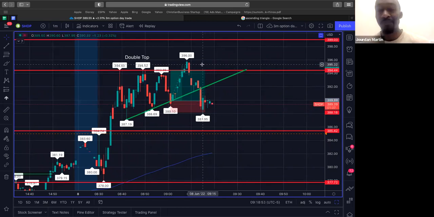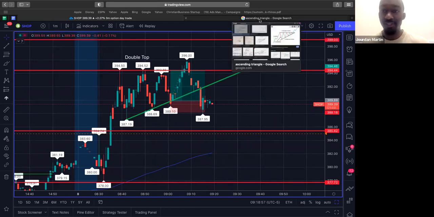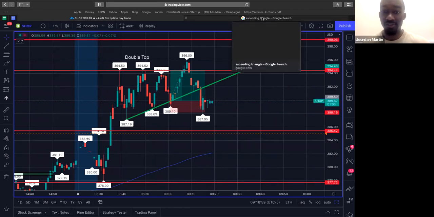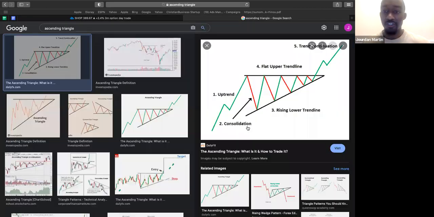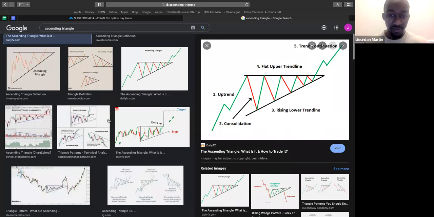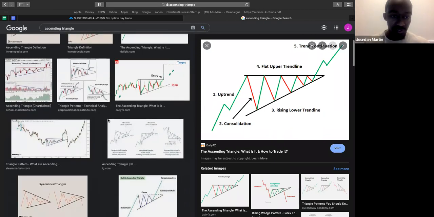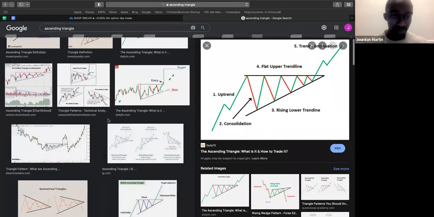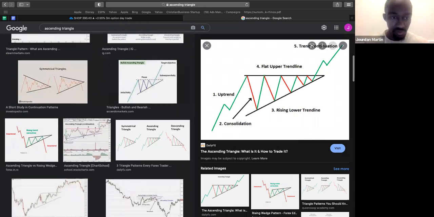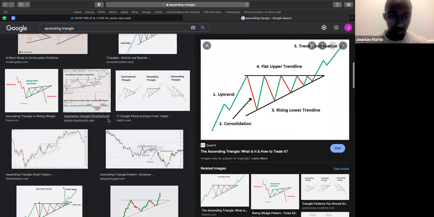But so when we come back to this ascending triangle, this is why I didn't call out a trade on the breakout of the triangle: because, like I said, I like to see a retest. I'm going to see if I can find any examples here, and I don't see any when I just Googled real quick. But you can kind of see from this one that there is an anticipated pullback.